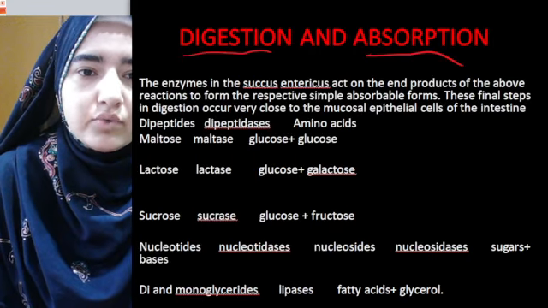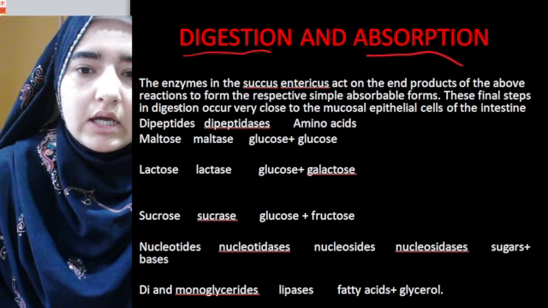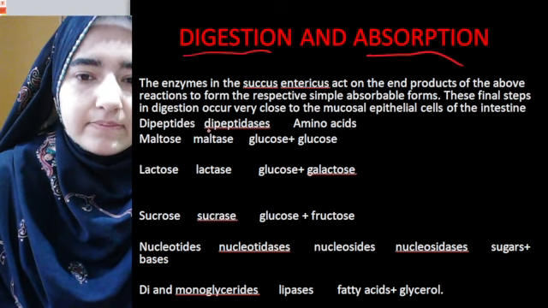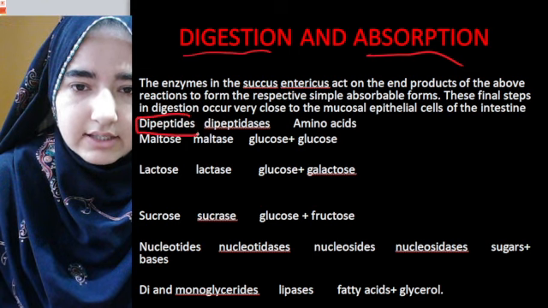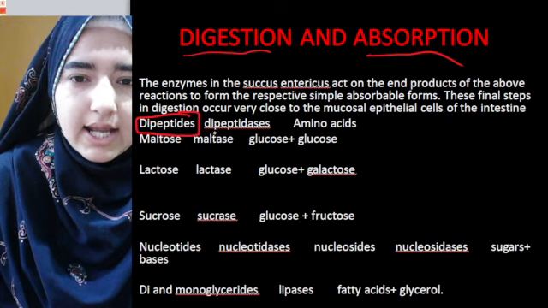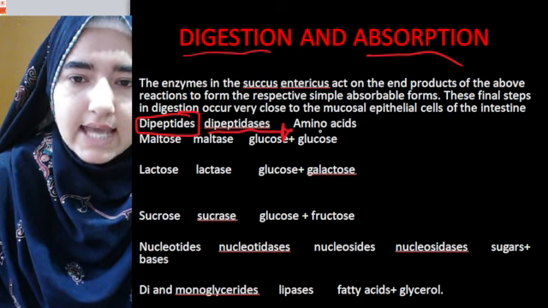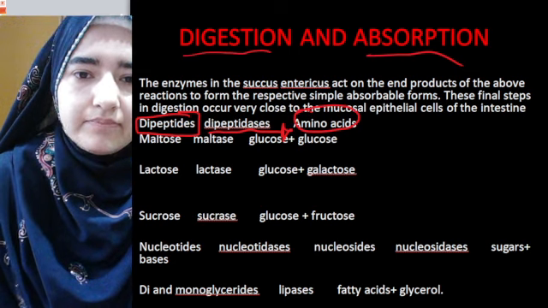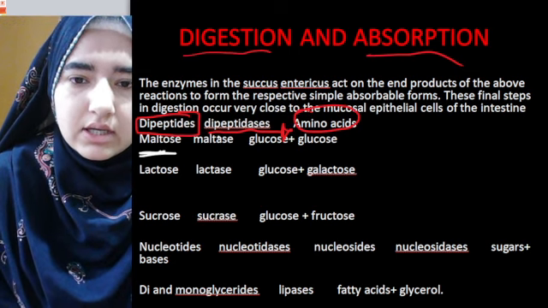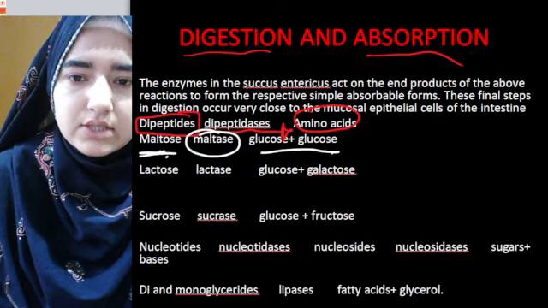Okay, moving forward, look at these reactions. Dipeptides, this is the actual product. Dipeptidases act on it and give amino acids. Similarly, maltase acts on maltose, it gives glucose plus glucose.